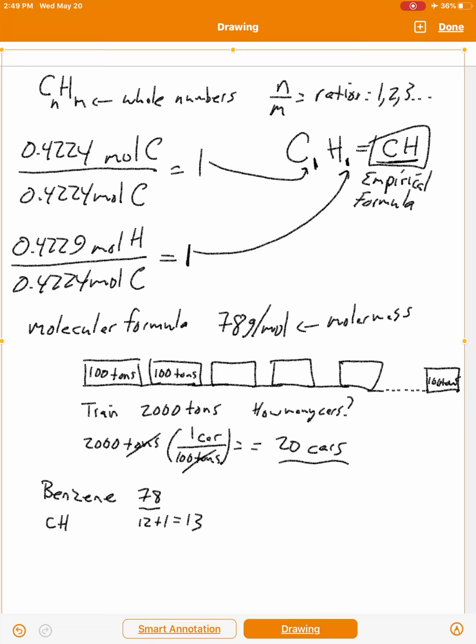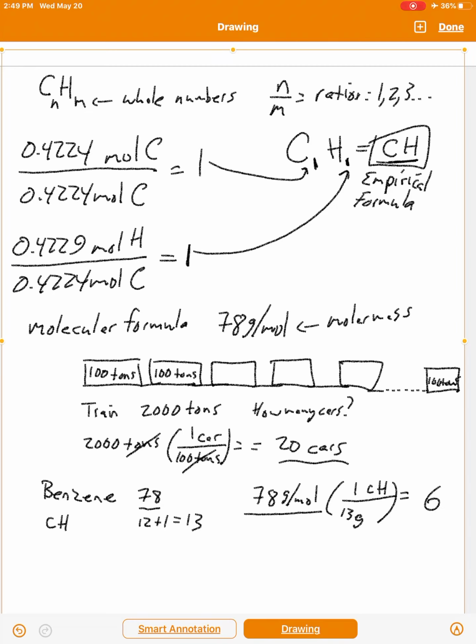So just like the train, if the total weight is 78, in this case it's the mass, 78 grams per mole, and I say that one CH weighs 13, okay, here's what you would get. 78 divided by 13 is 6.